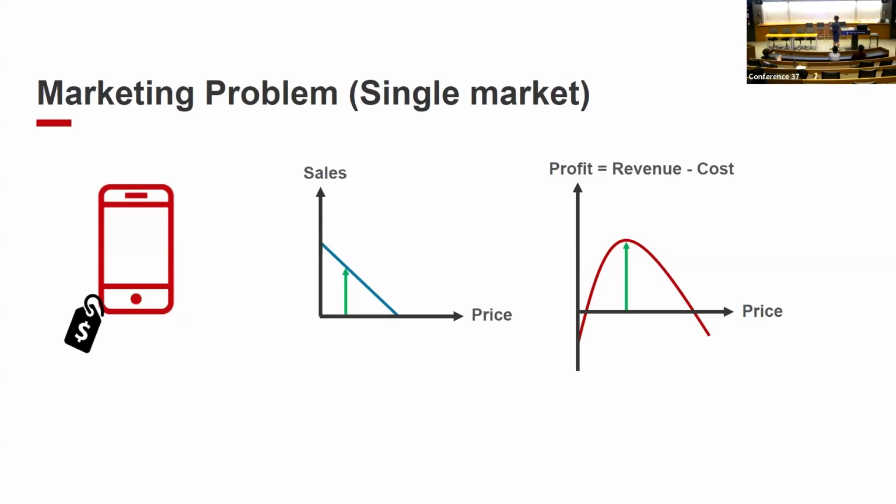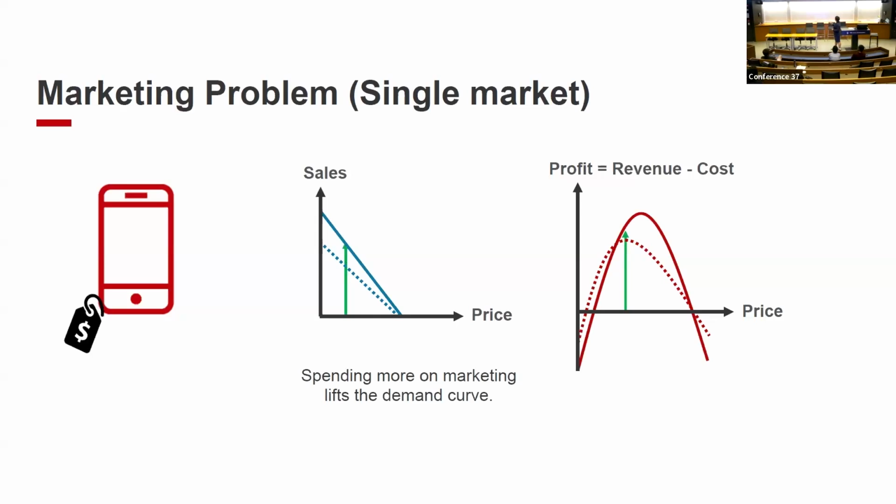But what happens if we change the cost of advertisement? If we spend more money on the market, that will shift the demand curve. It's called advertisement elasticity. And spending more will change the profit curve too. So therefore, we have to choose a new optimal price. In this case, the optimal price will be slightly higher, and it will give a little bit more profit.